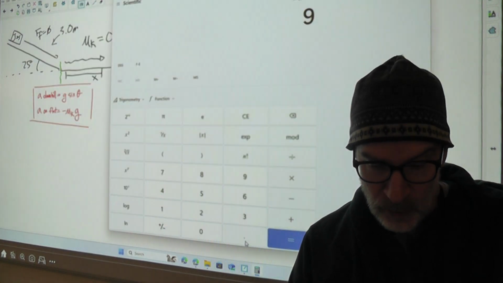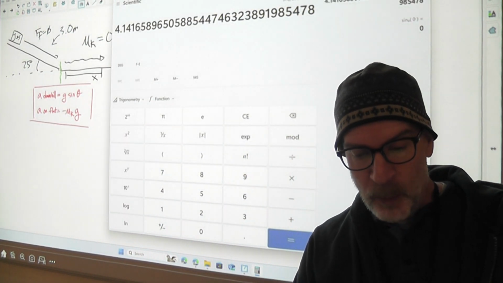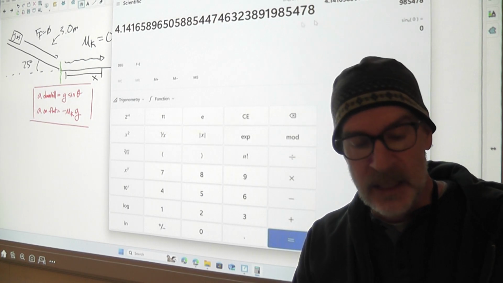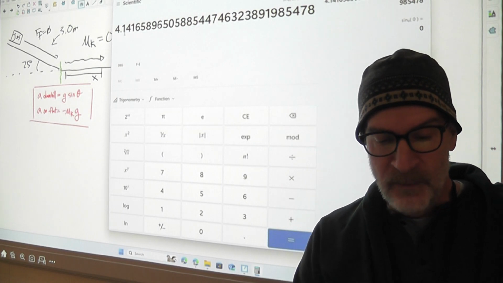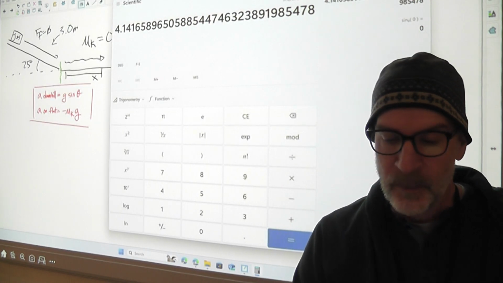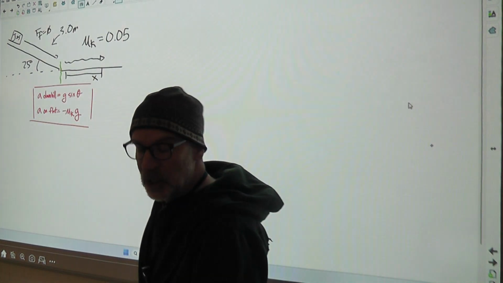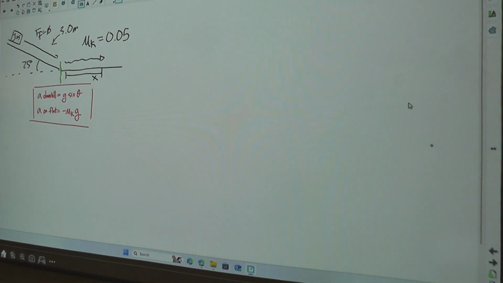It doesn't really matter. We're going to get something pretty close to the same thing no matter what we do. About 4.14. Could we use all of these? Yes. Is it going to materially change anything that we do? No. In fact, I'm just going to use 4.1 because I might be off by some fraction of a percent, but I don't really care.